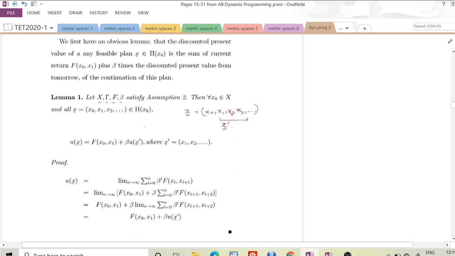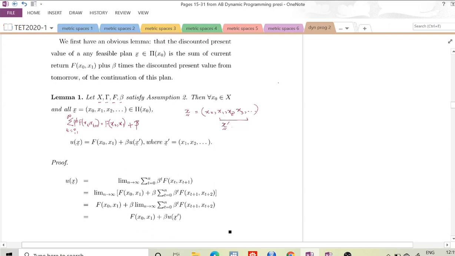So what is being said is that the discounted present value that I get from this feasible plan is equal to the 0th period, or the current reward from the plan, plus beta times u of x tilde prime.